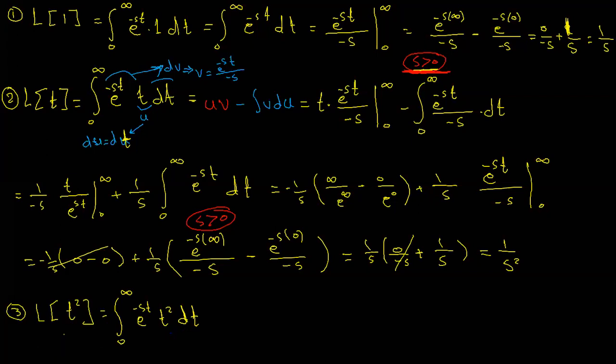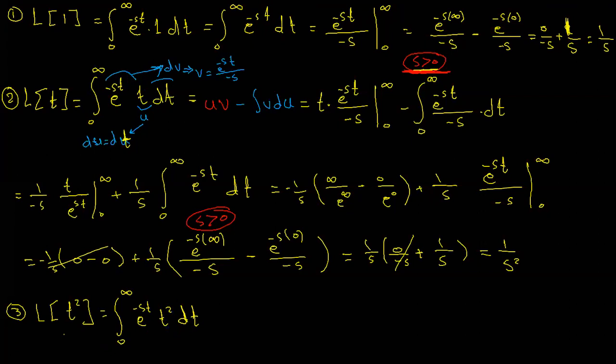Yeah, still by parts. How many times do you need to use by parts now? 3 times? No, only 2 times because you have t squared. So notice here for t, you used only 1 time. For t squared, you need 2 times.